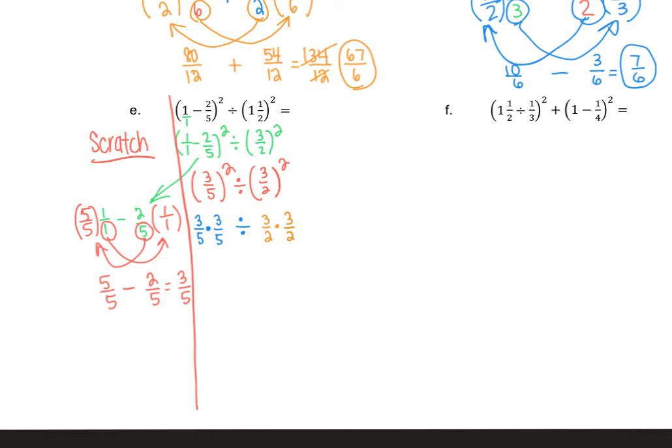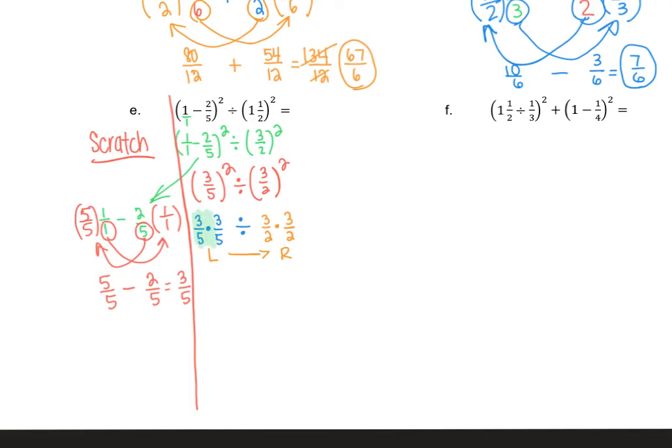So really, I just have a long chain of times, then divided by, then times again. And when I have multiplied and divided all in a row, I have to work left to right. So let's start left to right.